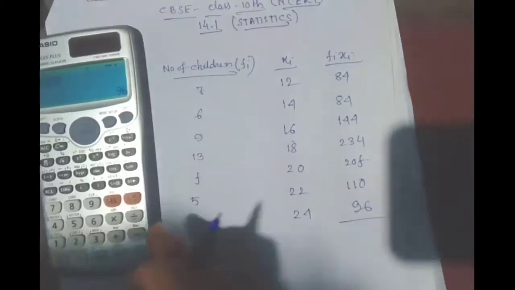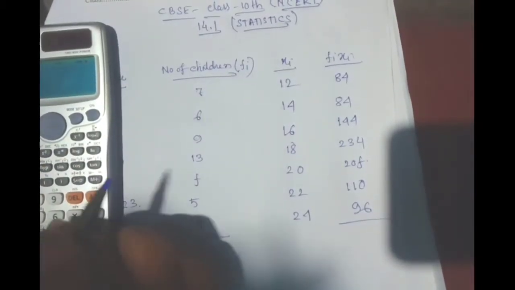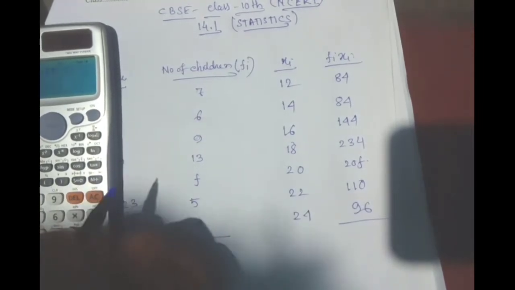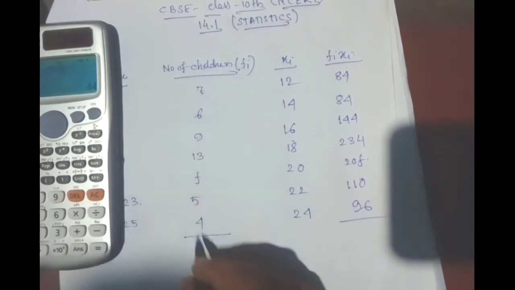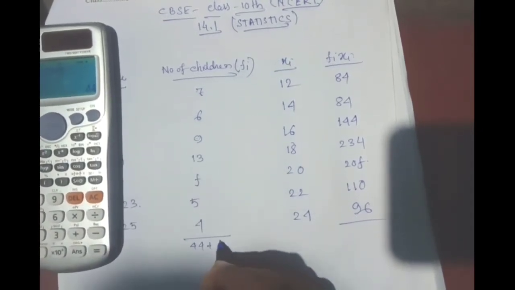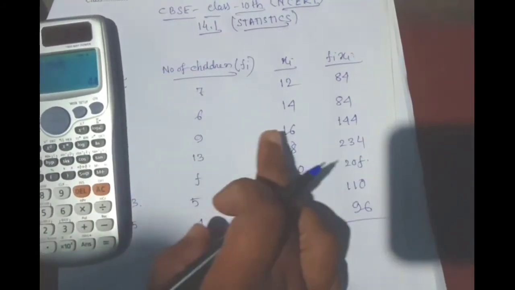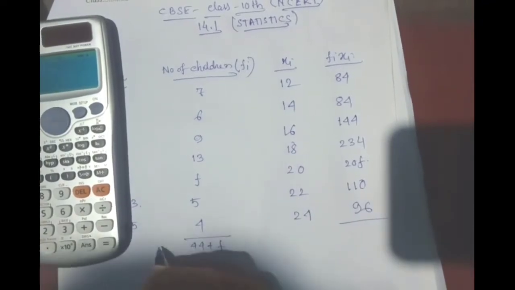Now we have to add all the frequencies. 7 plus 6 plus 9 plus 13 plus 9 means 44 plus f, and this will be summation of fi.